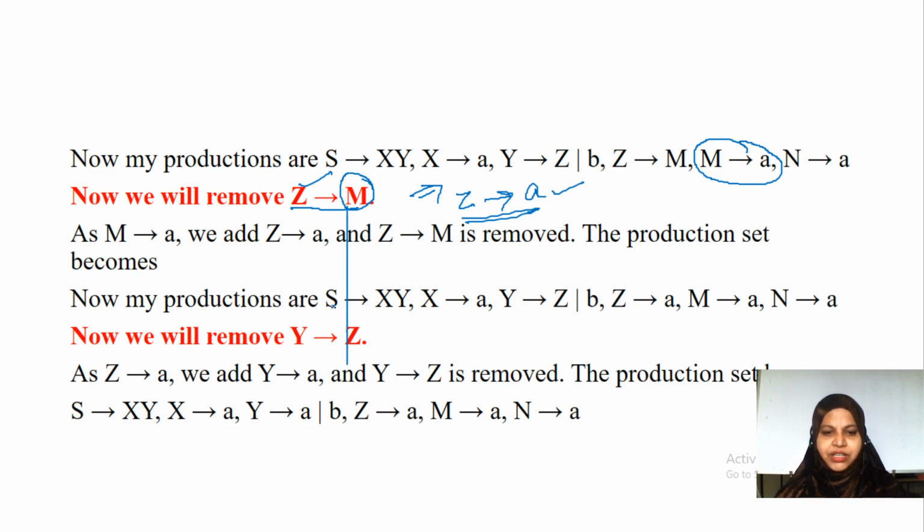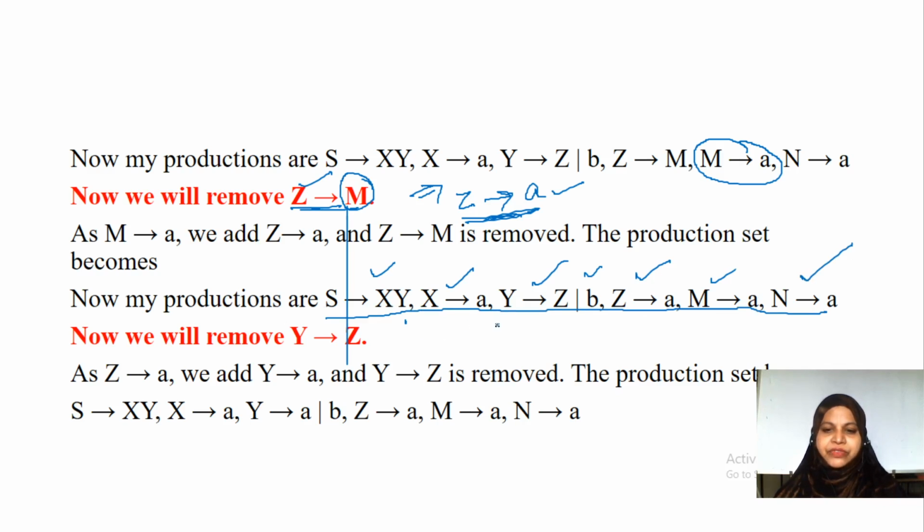Now my productions become: S tends to XY, X tends to a, Y tends to Z or b, Z tends to a, M tends to a, N tends to a. This is my grammar after rectifying.